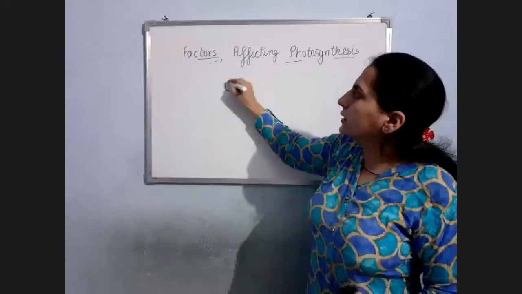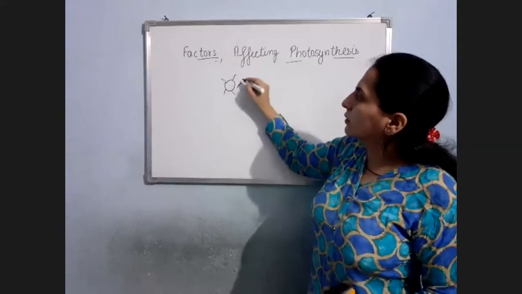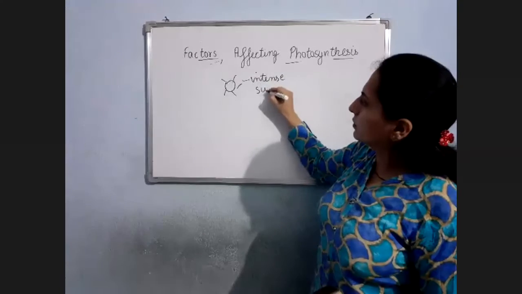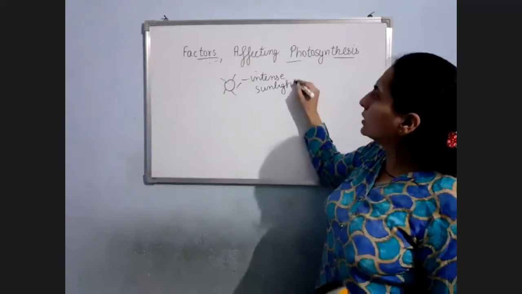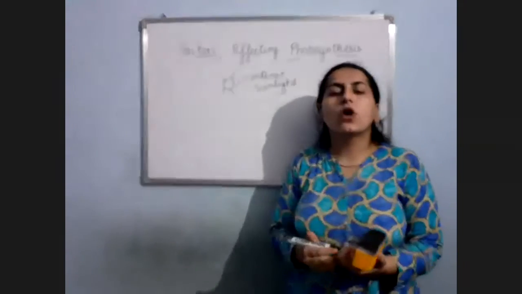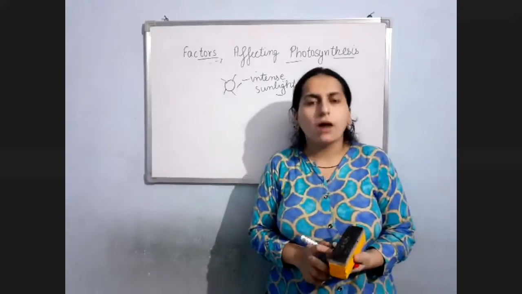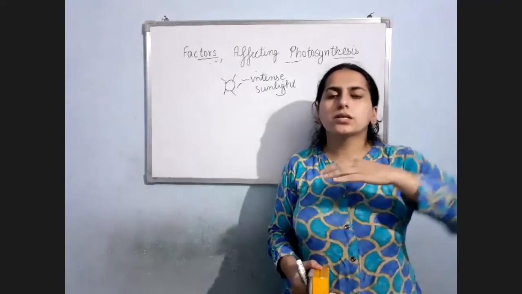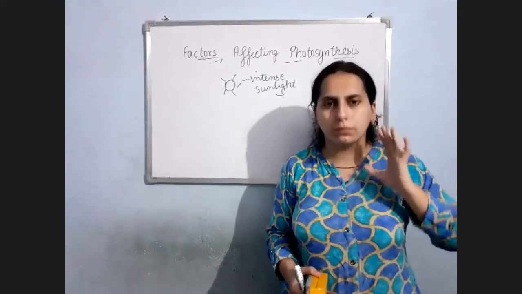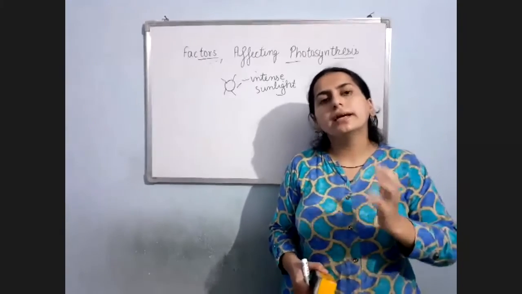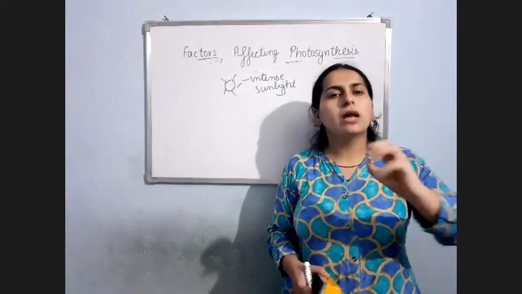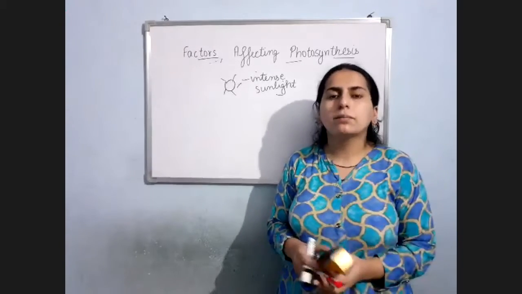Suppose the sunlight is quite intense. There is intense sunlight. Now listen one thing. Plant needs optimum sunlight. Optimum means a certain value where the process of photosynthesis is maximum. If the sunlight will be more than that optimum value, it will harm the plant. So what happens basically?